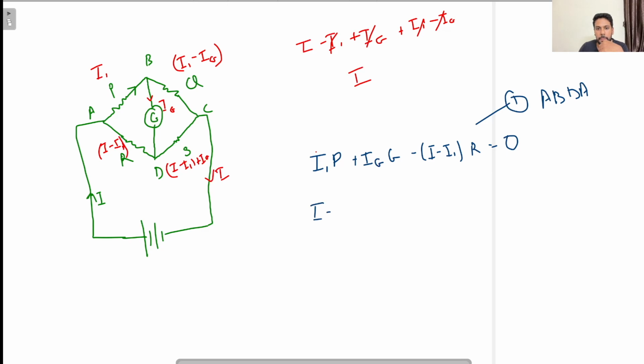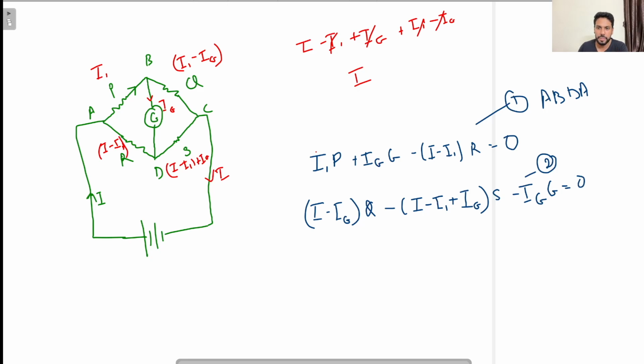So it's going to be (I minus Ig) into Q. Then from C to D I'm going in the reverse direction to the current, so it's going to be minus (I minus I1), and I think it is plus Ig, so (I minus I1 plus Ig) into S. Then I'm going in the DB direction, which is going to be negative Ig into G, equal to 0.